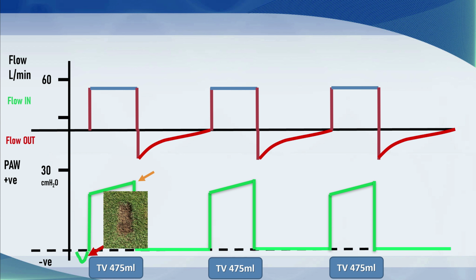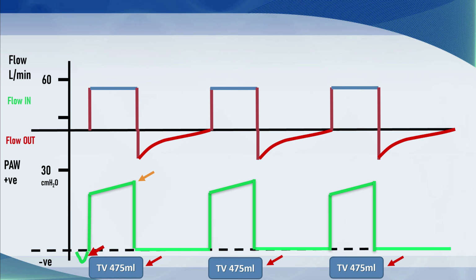This indicates that just before the breath starts, the patient is generating negative pressure within the airway. And because a breath immediately follows this negative deflection, the patient is triggering the breath. But the breath that follows is a volume-controlled, volume-cycled breath, hence the shark's fin.